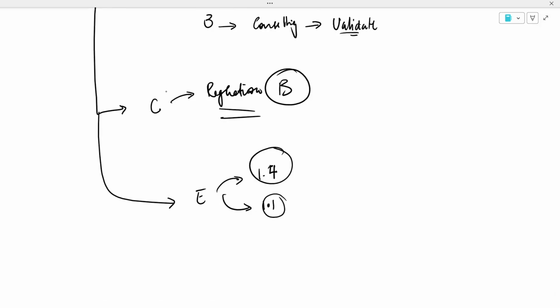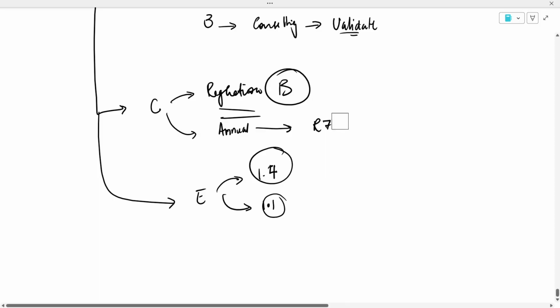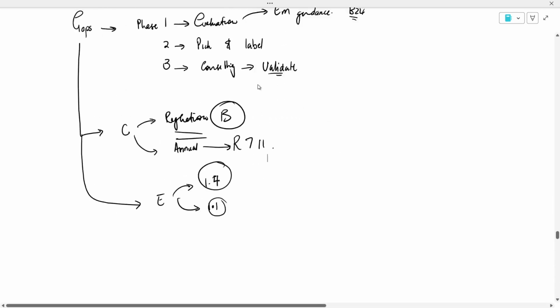In behavioral statement C, another way is to include the fact that you actually paid your annual fees, because your annual fees last year, I think, was 711. So this is something to show that you applied the latest regulation. Find the latest regulation regarding annual fees, and then include this as well.